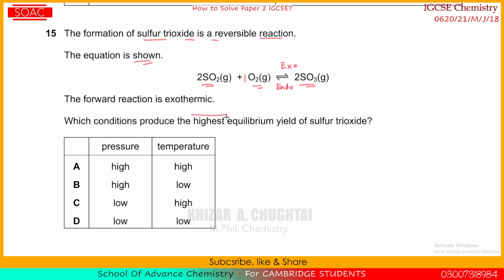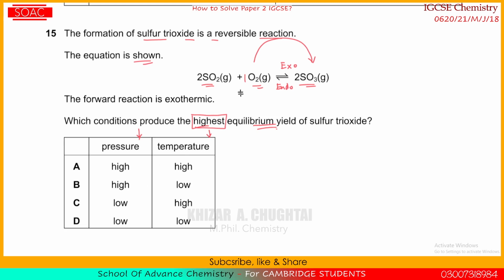Highest, not the optimum. A highest equilibrium yield means equilibrium should be shifted towards the right hand side. So first of all, in the first column he is asking about the pressure effect, and in the second column about the temperature effect.